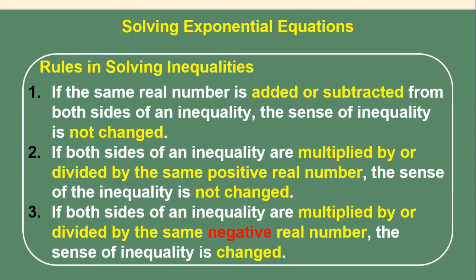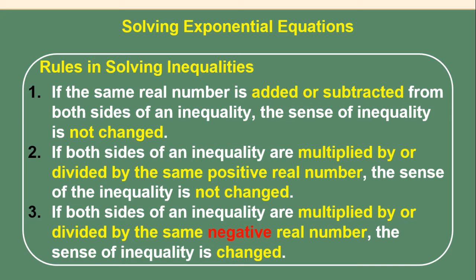Okay, let us consider also the rules in solving inequalities. Number 1, if the same real number is added or subtracted from both sides of an inequality, the sense of inequality is not changed. Number 2, if both sides of an inequality are multiplied or divided by the same positive real number, the sense of the inequality is not changed.